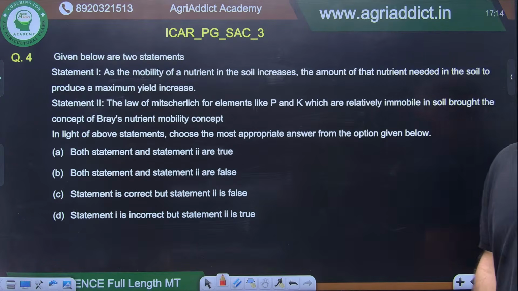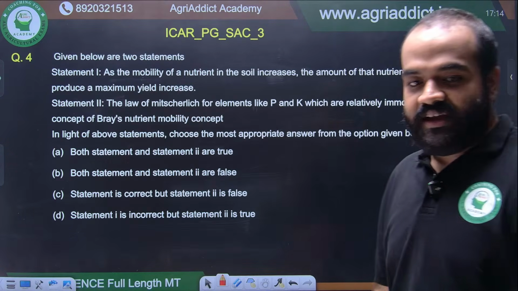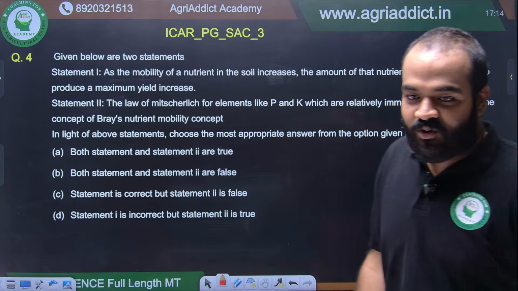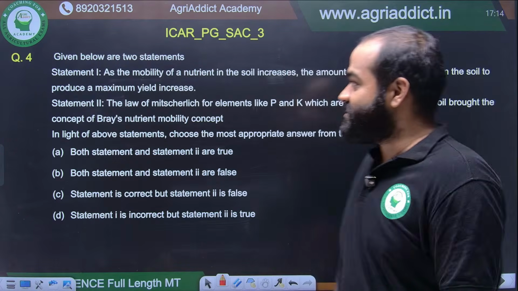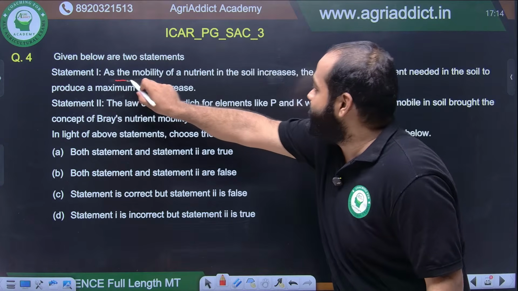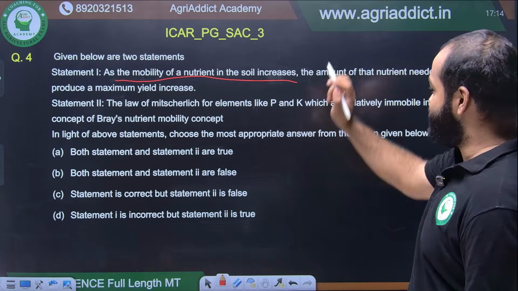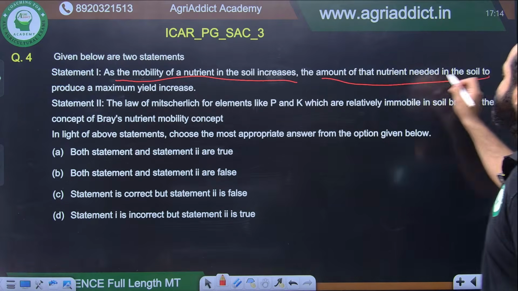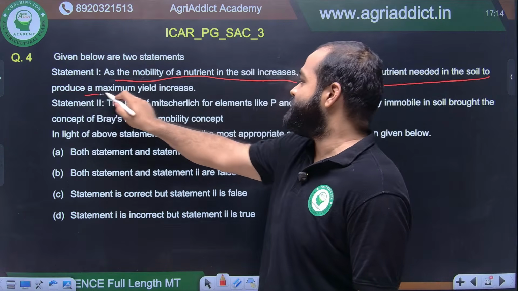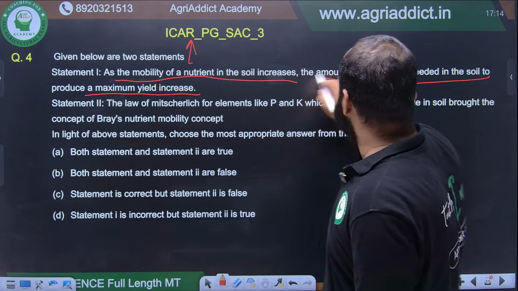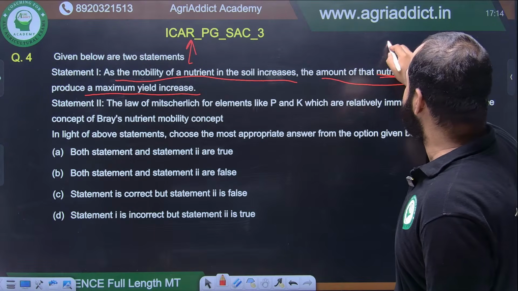Okay, we get an assertion reason question very early, and this is one of the good questions. I like this question. Let's see how well you have understood the concept. Statement 1: as the mobility of a nutrient in the soil increases, the amount of that nutrient needed in the soil to produce maximum yield increases. Mobility is increasing, amount needed is also increasing.